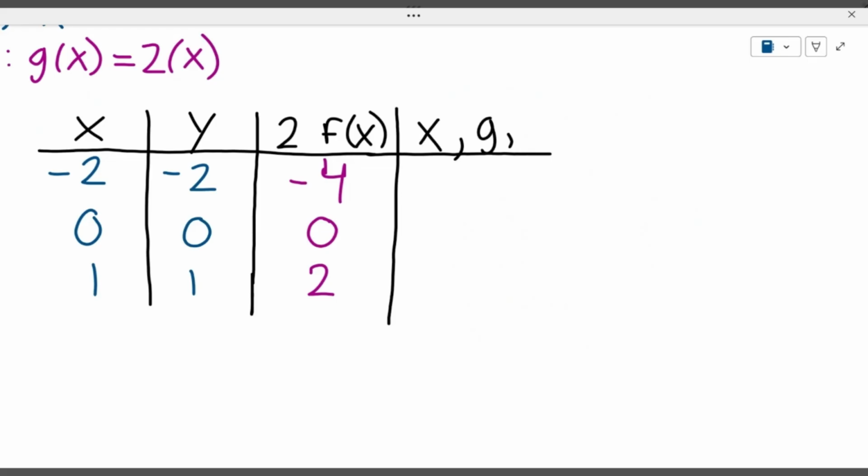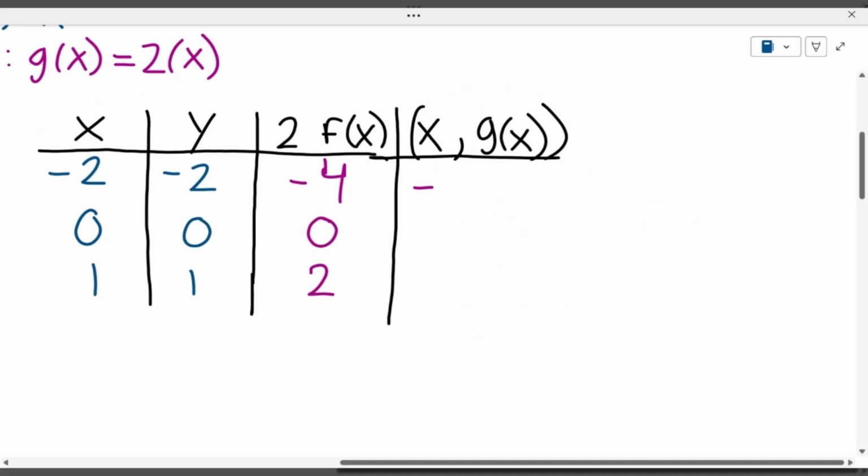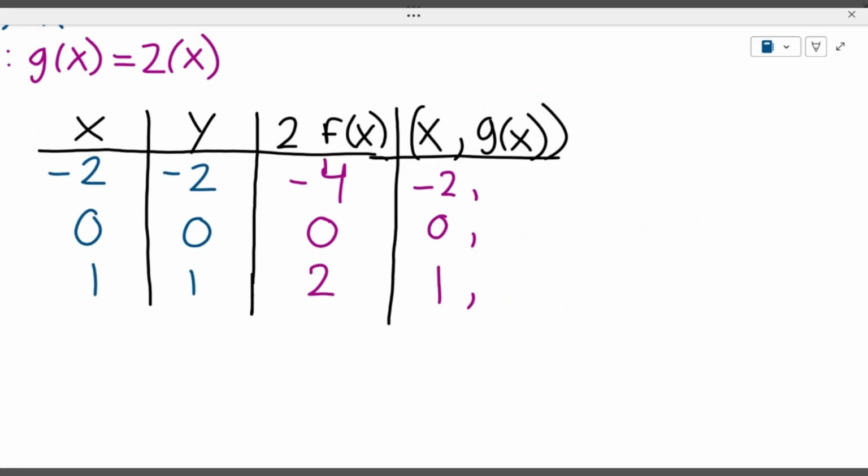The reason we're talking about g of x instead of just writing y is because these are the new function values, new coordinate points. So the x coordinates are -2, 0, and 1, and the g of x values are -4, 0, and 2.